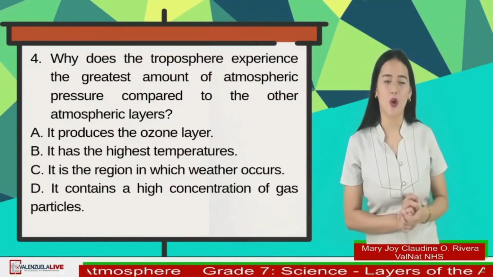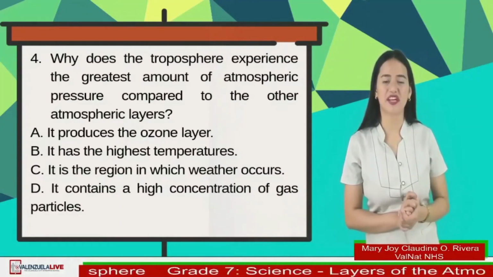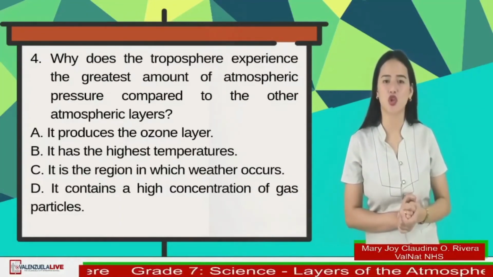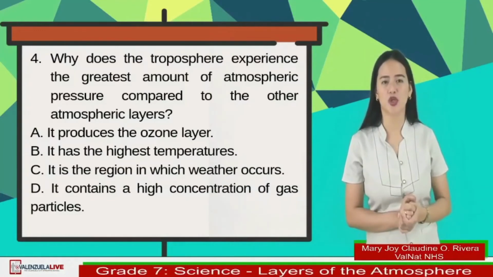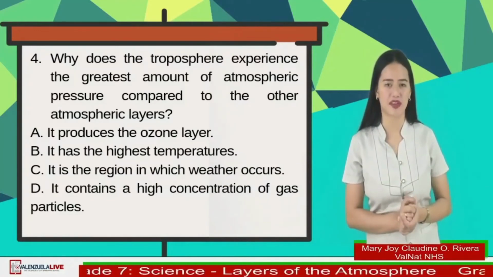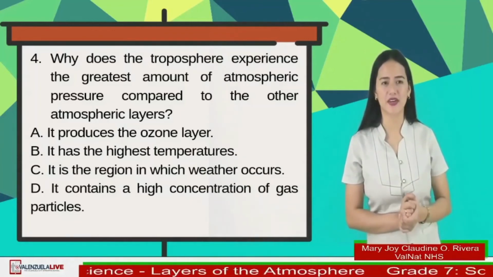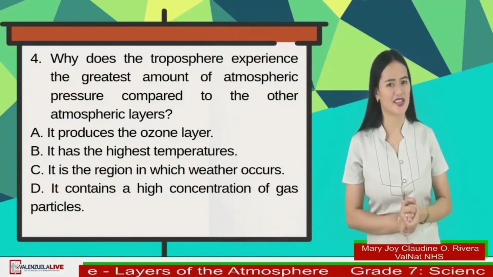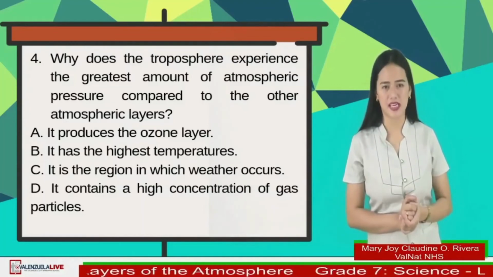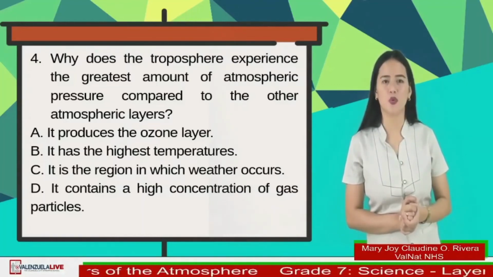Number 4. Why does the troposphere experience the greatest amount of atmospheric pressure compared to the other atmospheric layers? Is it A. It produces the ozone layer? B. It has the highest temperatures? C. It is the region in which weather occurs?